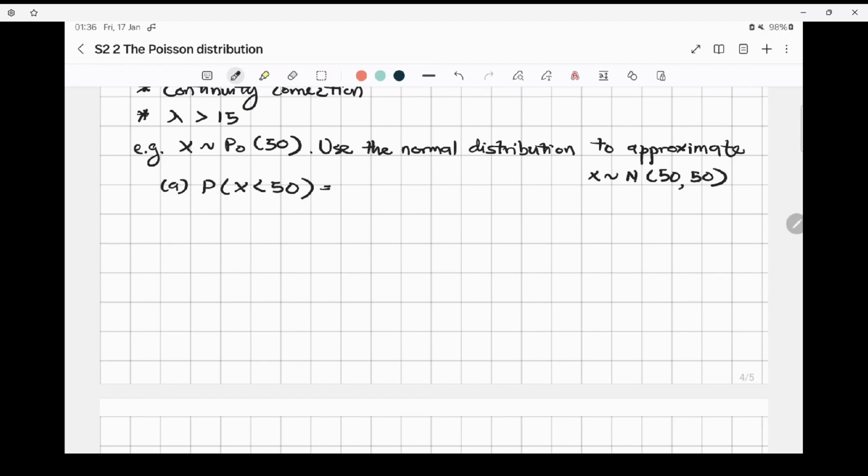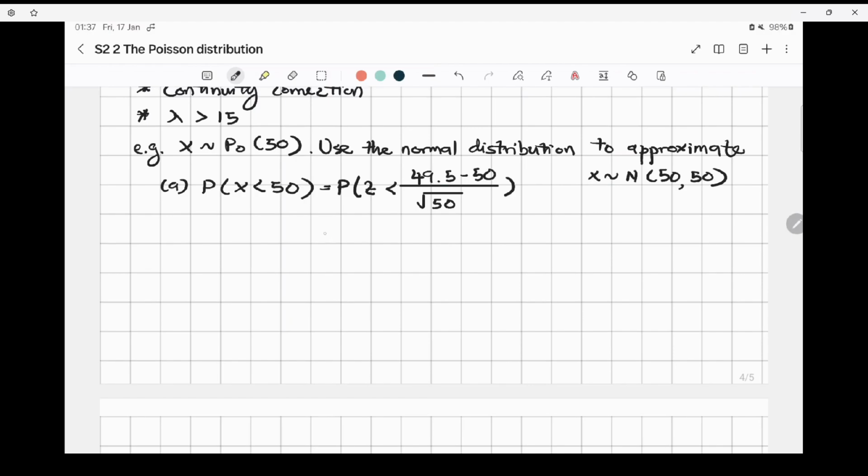Okay. So when you turn it into the z-score, remember the procedure. If this is less than, there's no equal, so you should use 49.5. So 49.5 minus 50 divided by the square root of 50.